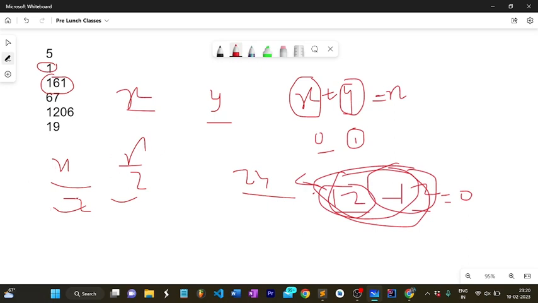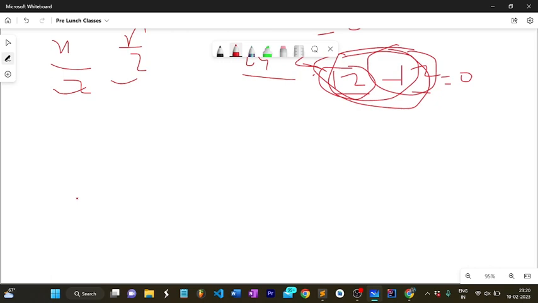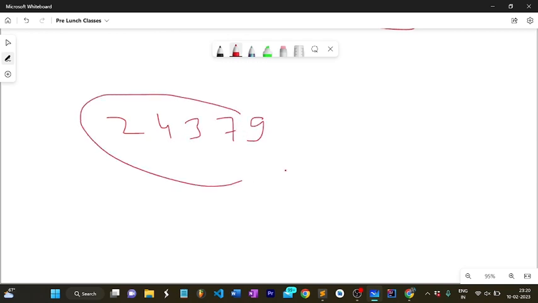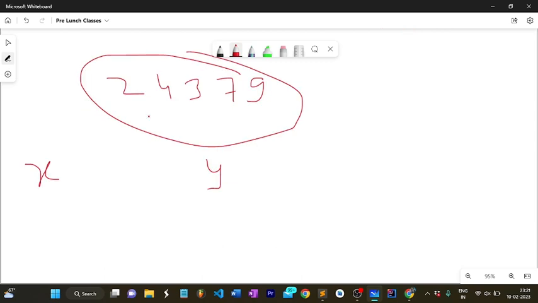And the complicated case is for odd numbers. So let's see what we can do for the odd numbers. Suppose we are given 24379. This is an odd number, and we have to divide this number into two parts, x and y. So try to see this problem in this way: focus on the individual digits.